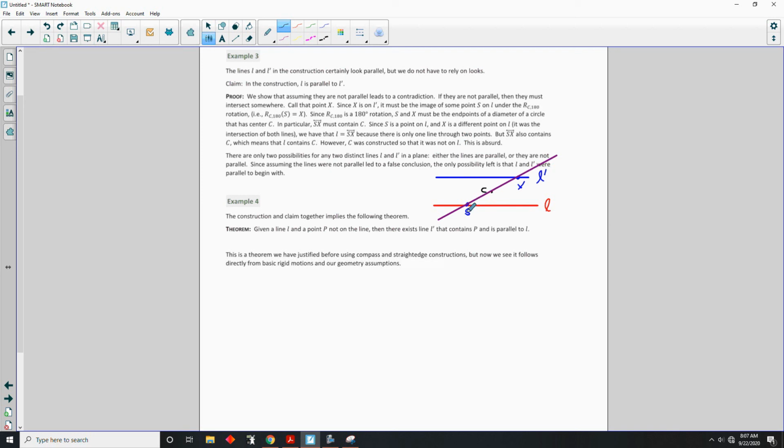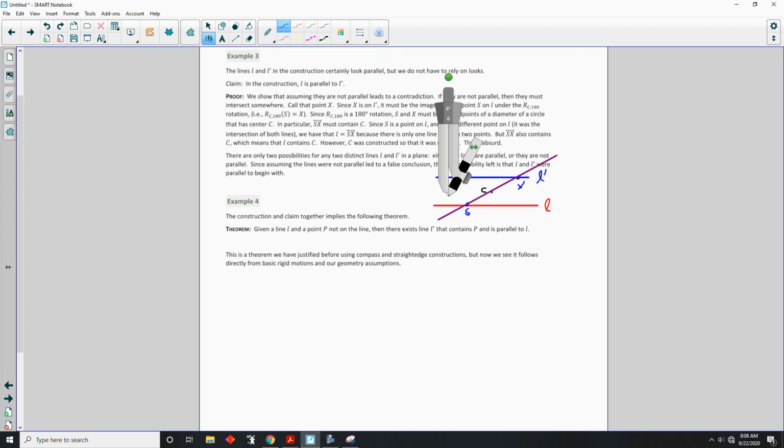Since S is a point on L, the red line, and X is a different point on L, it was the intersection of both lines. We have L equals SX. So what they're saying is, if S is on the same line as the rotated X and they go through that center C, they must be a diameter of that circle, is what they're saying.